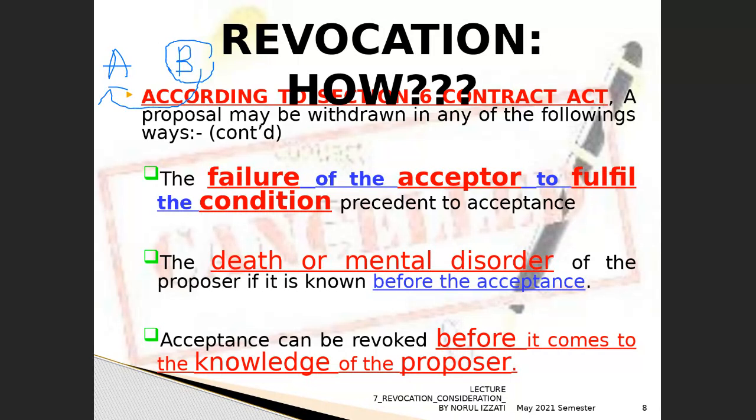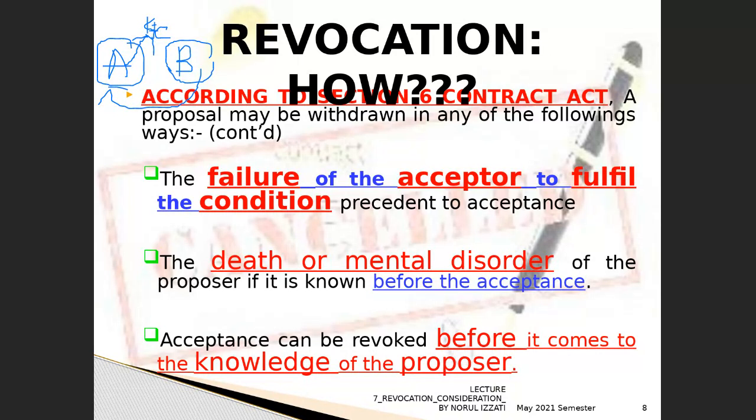Let's say A mentioned, if you would like to accept my offer, you have to go to KFC by 8 a.m. So let's say by 8 a.m., B has not reached KFC Nilai, for example. So what is the scenario in this case? A is able to revoke the offer because B failed to fulfill the requirement as stated by A, because A already mentioned that you have to fulfill my condition because I am the offerer.